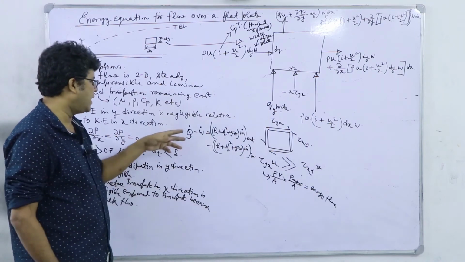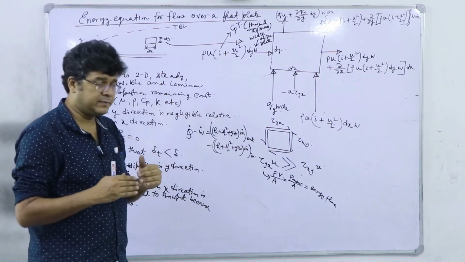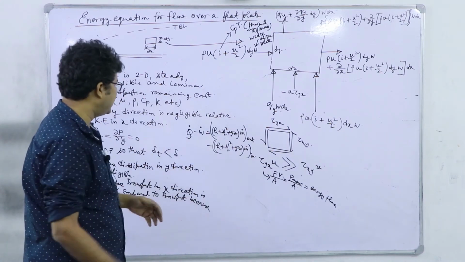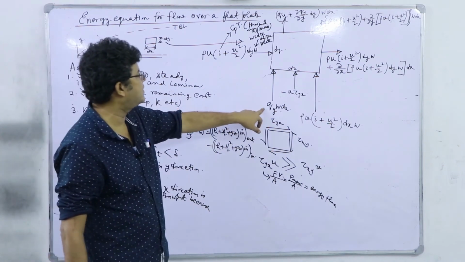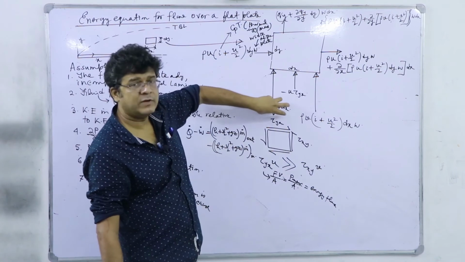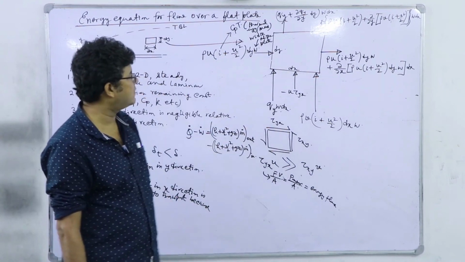So if I am trying to write this Q dot, W dot, what is it? W dot is positive if work is being done by the system. Q dot is positive if heat is given to the system. So for Q dot we do not have to go for any sign change, okay. It is heat given to the system.